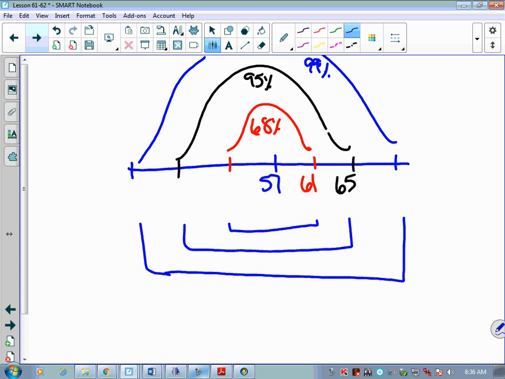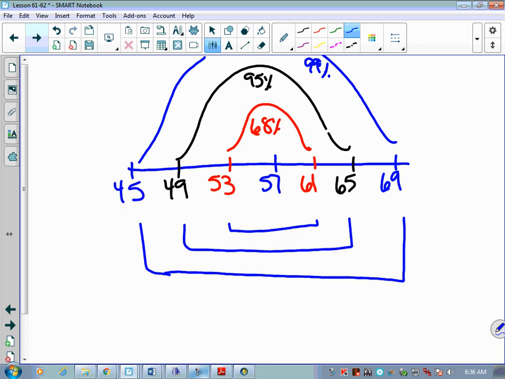And 65 plus 4 is 69. All right. 57 minus 4 is 53. 53 minus 4, 49. And 49 minus 4 is 45.